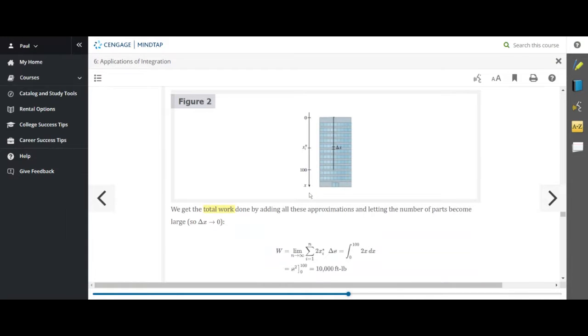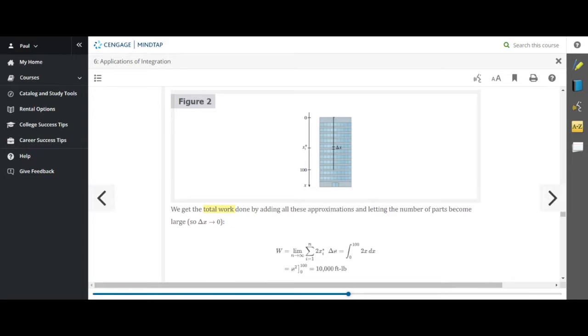What's going on with this picture? The 100 there, the axis they're using, they're calling it the x-axis in figure 2. Normally the vertical axis is a y-axis, but they're just calling this the x-axis.